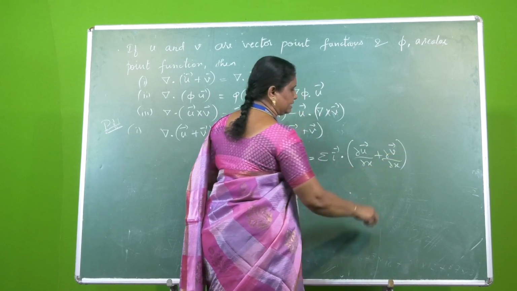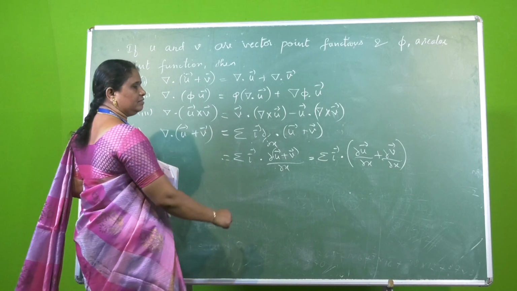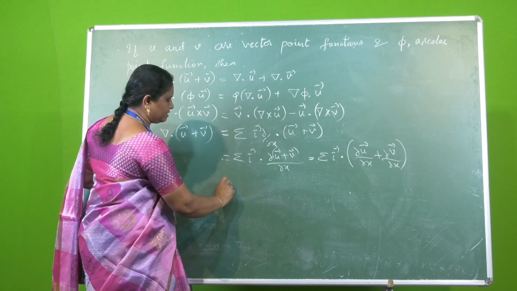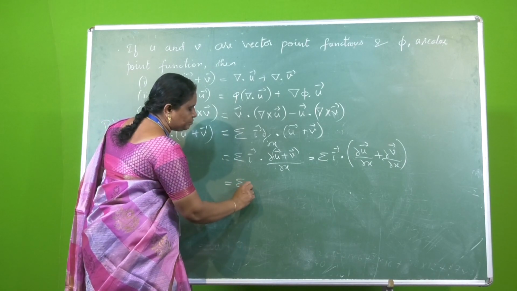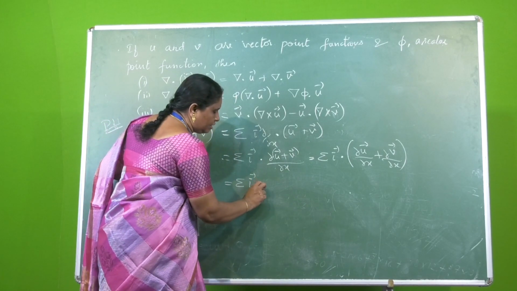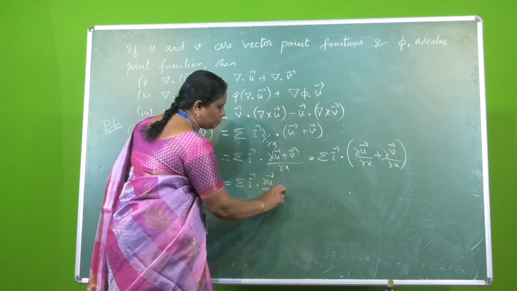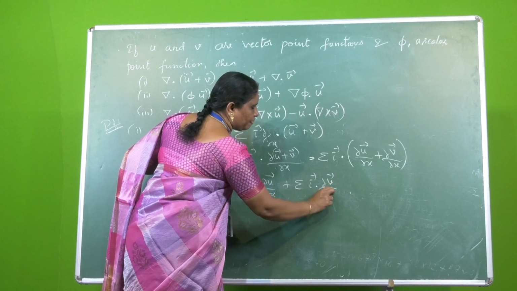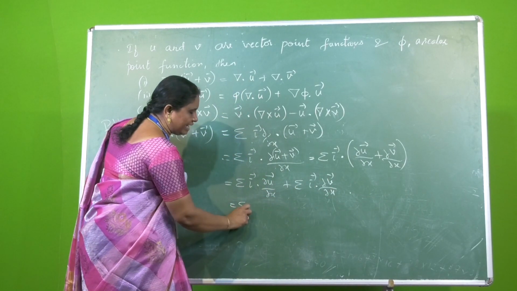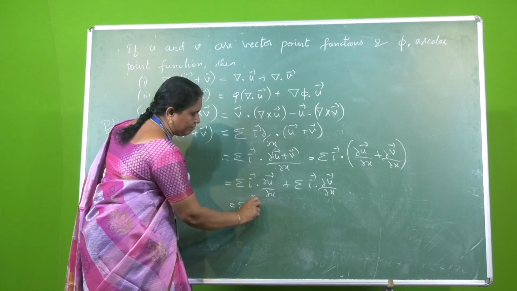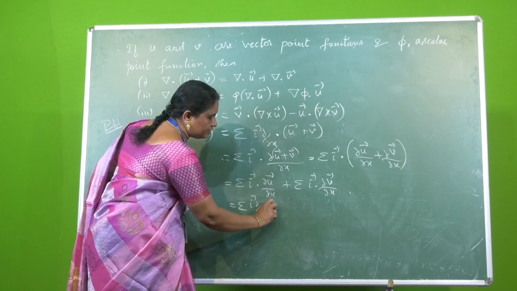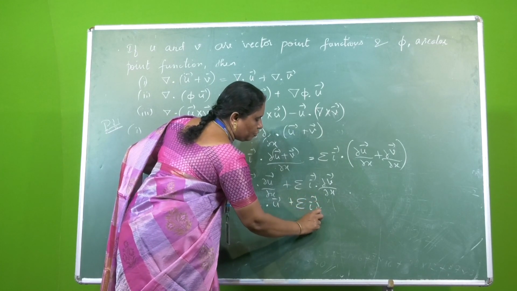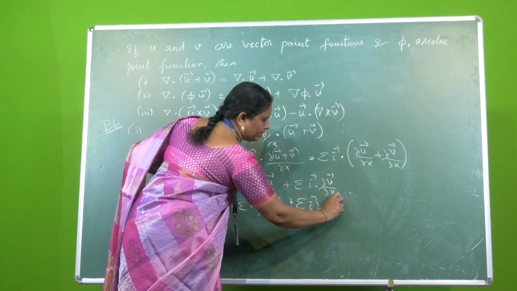Now, we can bring this summation i with the dot product into the terms, then we get summation i vector dot dou u by dou x plus summation i vector dot dou v by dou x. We can write this as summation i vector dou by dou x dot u vector plus summation i vector dou by dou x dot v vector.